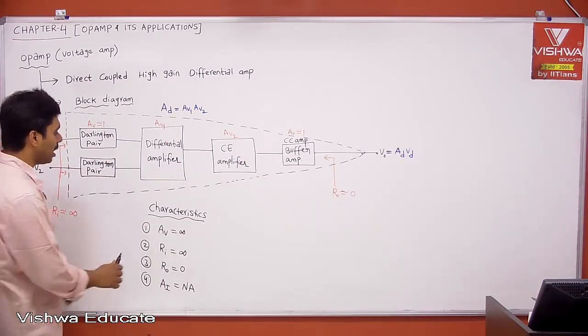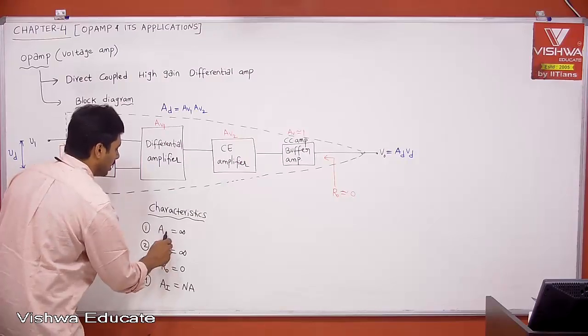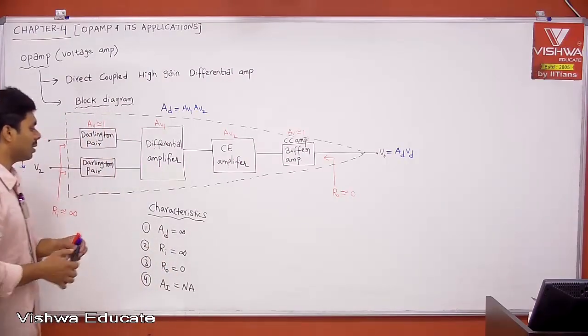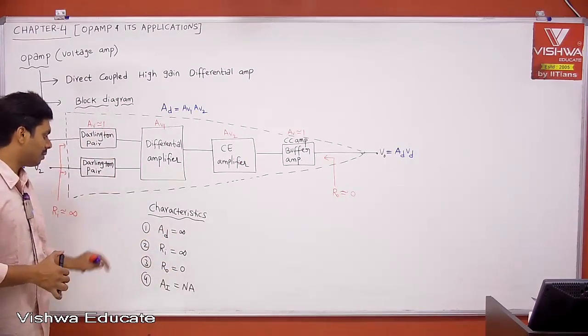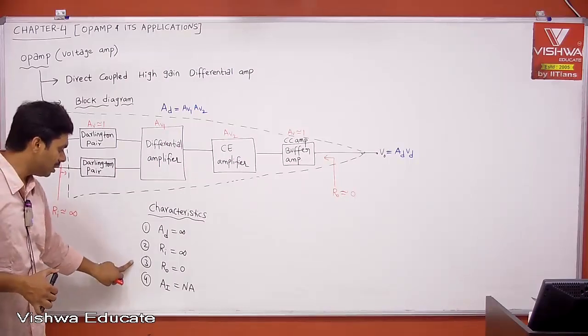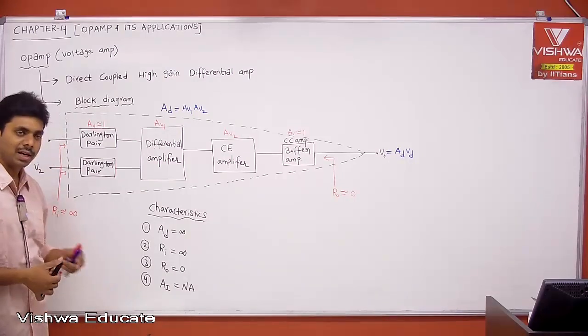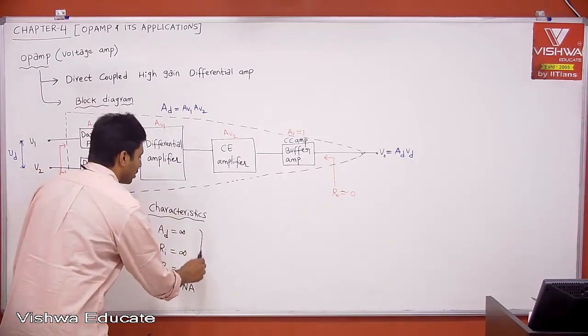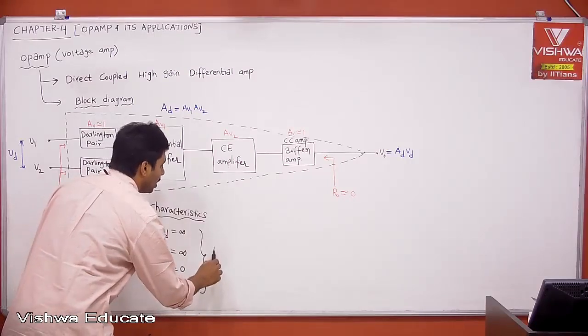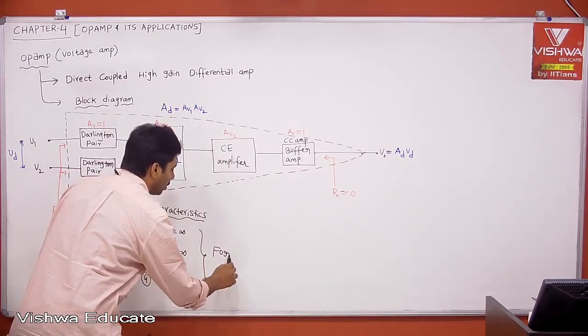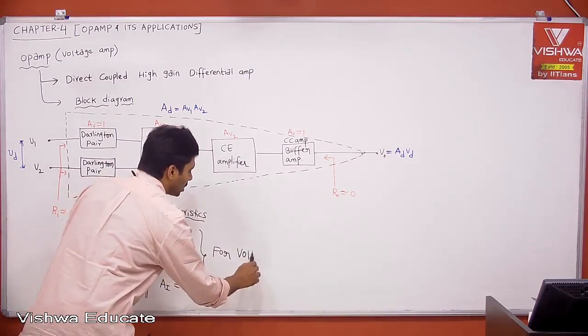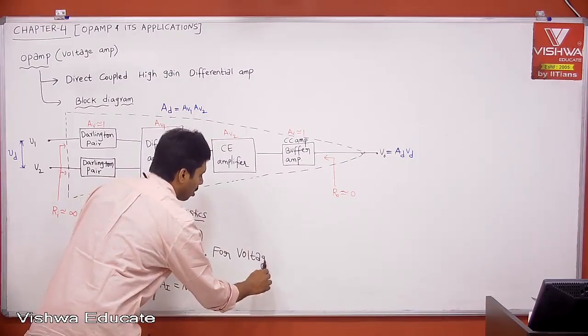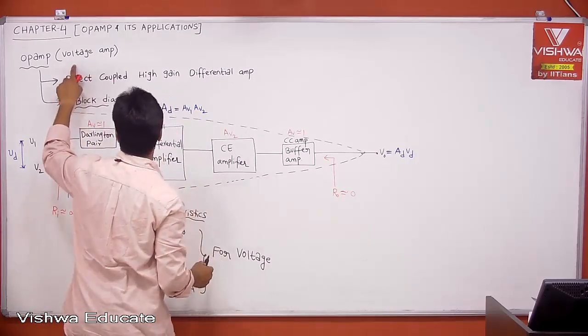When I say very high voltage gain, here it is basically AD. We are looking for very high differential gain, very high input impedance, very low output impedance. Current gain is undefined. Therefore, all these things are for a voltage amplifier. Therefore, what is your op-amp? Op-amp is basically a voltage amplifier.